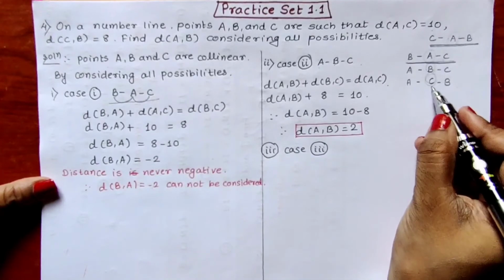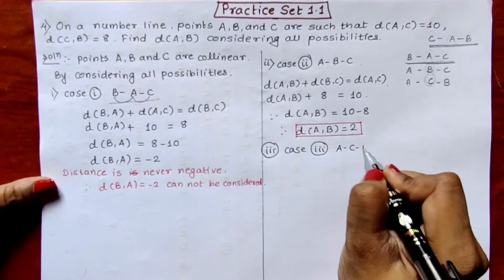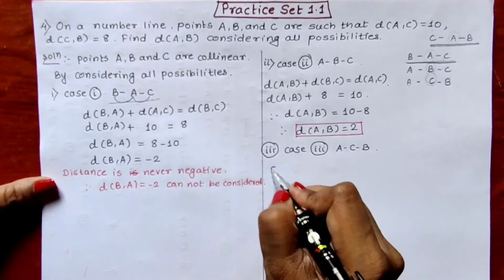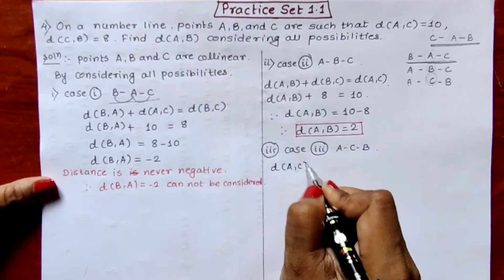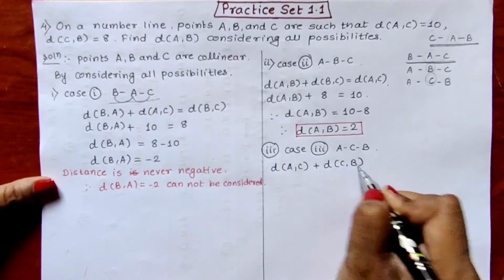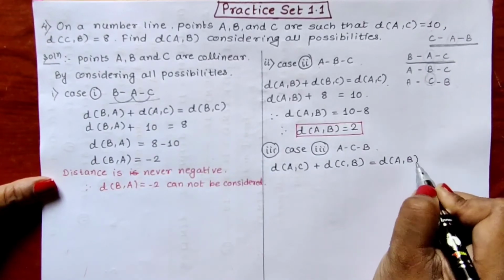Third case is point C in between A and B. So A-C-B. That means AC plus CB, distance A comma C plus distance C comma B, is equal to distance AB.